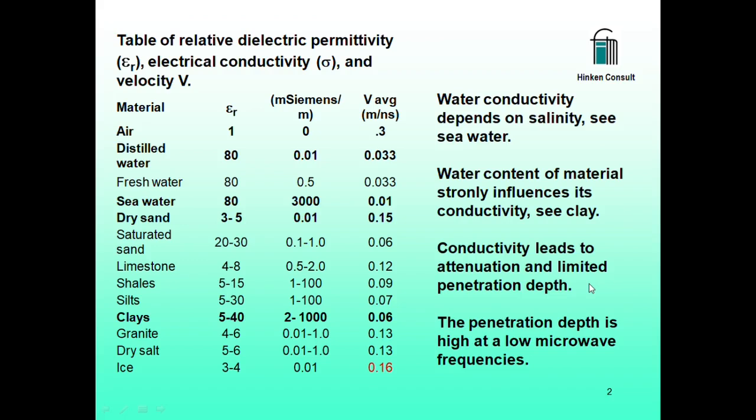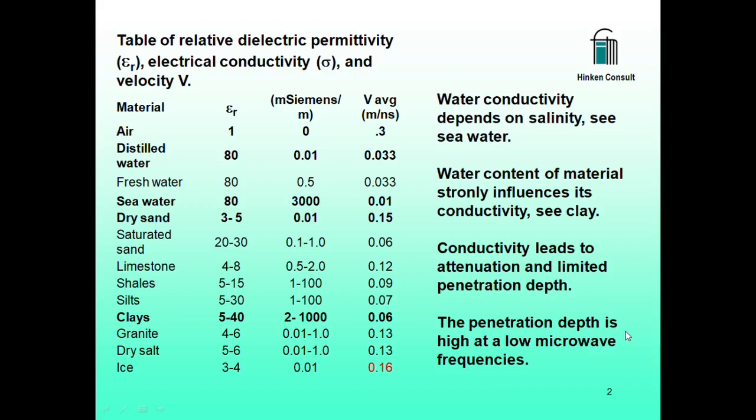This conductivity leads to attenuation of the electromagnetic pulse and therefore also limits the penetration depth of the electromagnetic wave. And that means also the observation depth for defects and other reflectors.